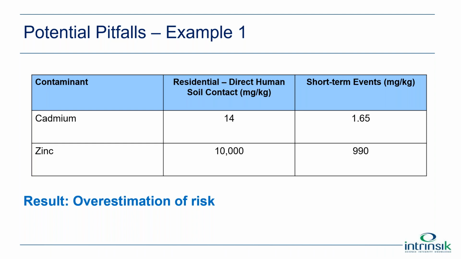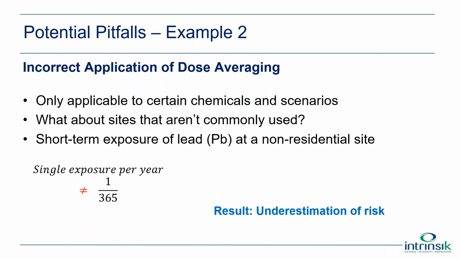So the next example on the next slide is the incorrect application of dose averaging. Now we see this on a regular basis. If we look at a site, maybe a recreational or parkland area that isn't used frequently, and we look at something like lead. Health Canada is clear, and I've seen this before, where people assume, okay, let's say we've got a kid crossing this site, maybe one day a year.